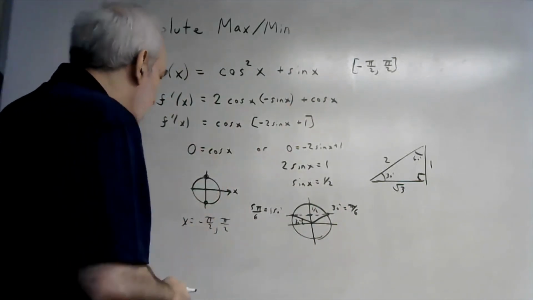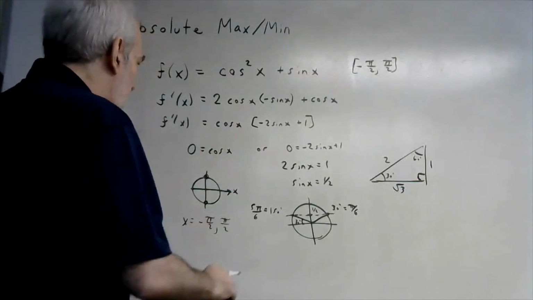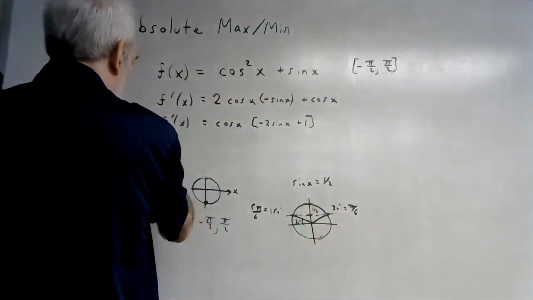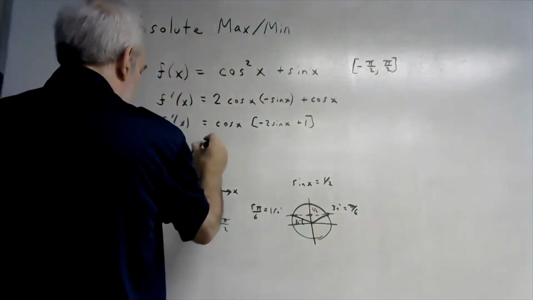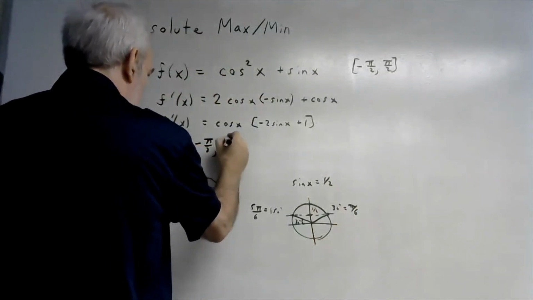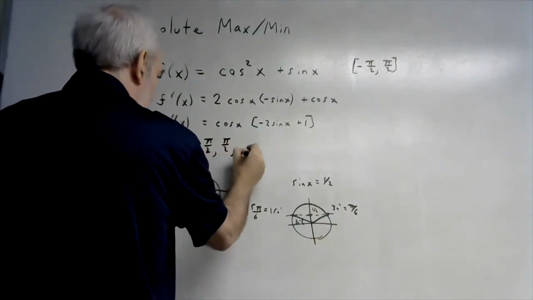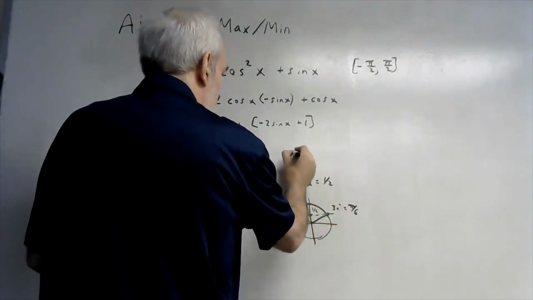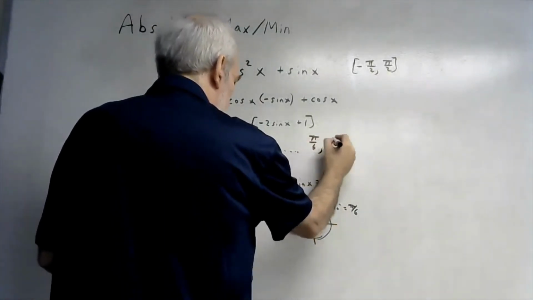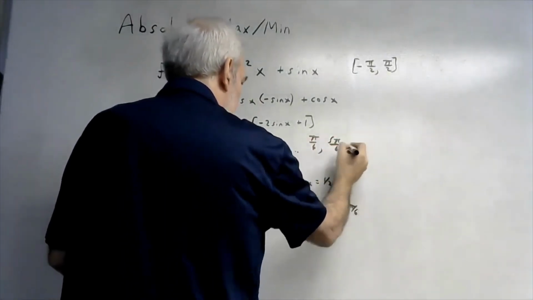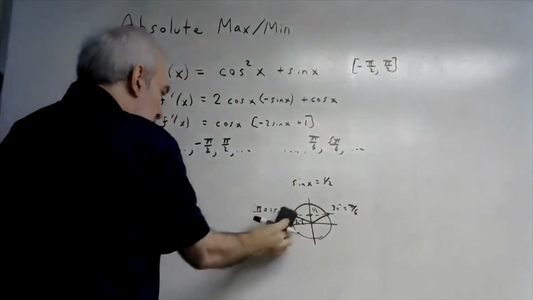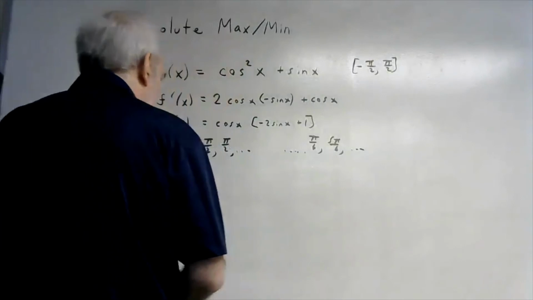Okay, so that was the first step, to identify our critical points. Let me just put that our critical points were at -pi/2, +pi/2, and also at pi/6, 5pi/6. The dots are just indicating there's also more equivalent angles that would also be critical points.